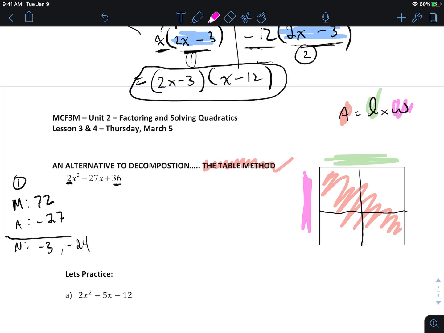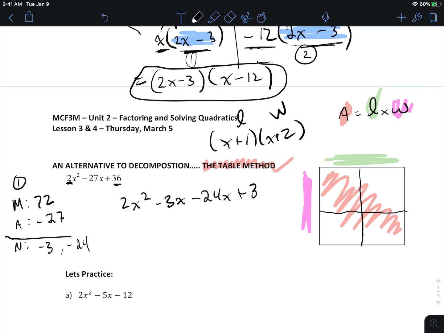With the expansion, we were provided with the length and width, and we multiplied them together to produce the inside. This time I'm provided with the inside, the red area, and I have to figure out the length and width of the rectangle.